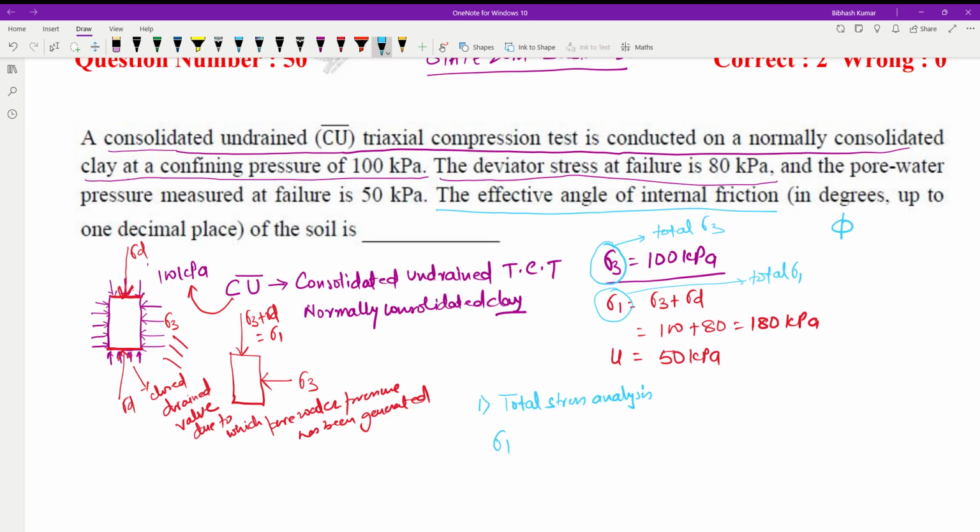Like if I use sigma 1, so this is going to be what? Total stress. Now we can write this sigma 1 as 2c cos phi by 1 minus sin phi plus sigma 3 times 1 plus sin phi by 1 minus sin phi.